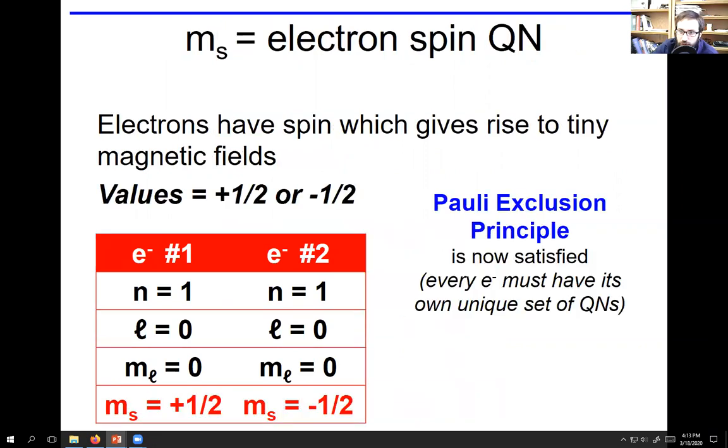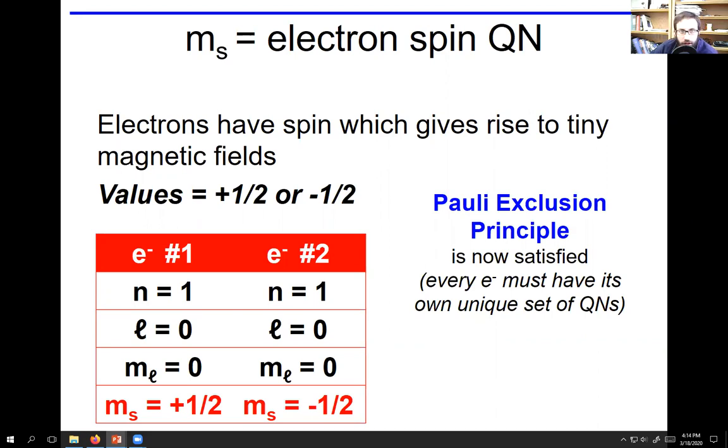For that reason, we have to introduce, and quantum mechanics does this naturally through the math, a fourth quantum number, which is m sub s. This comes out of the math. This is the electron spin or magnetic spin. It's called the spin of an electron, and it can either be plus 1/2 or minus 1/2.